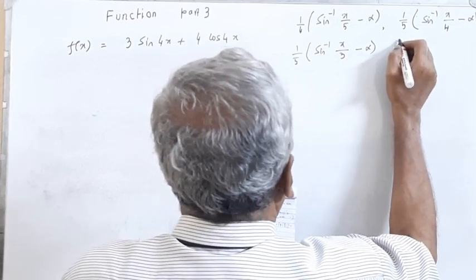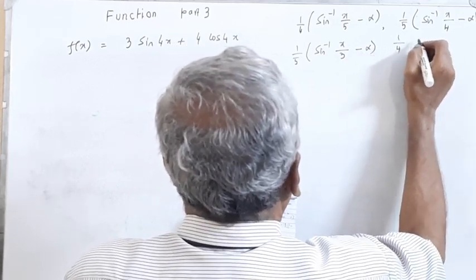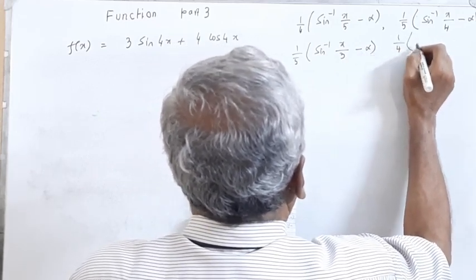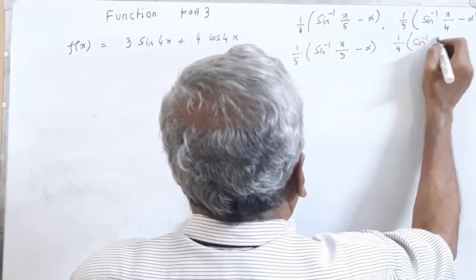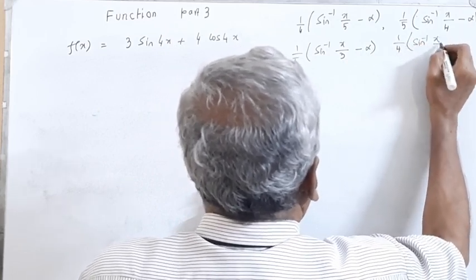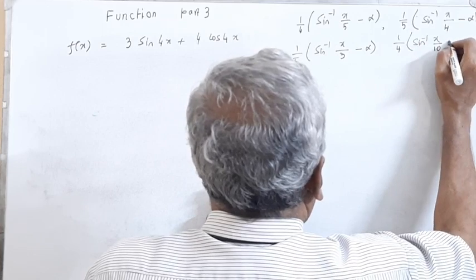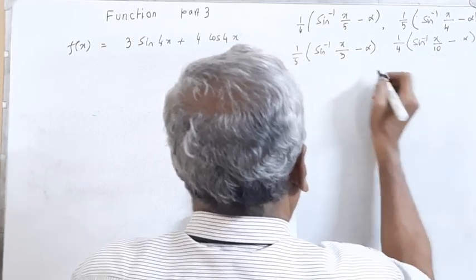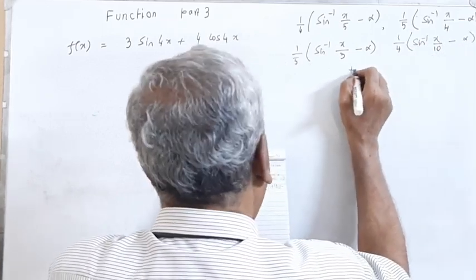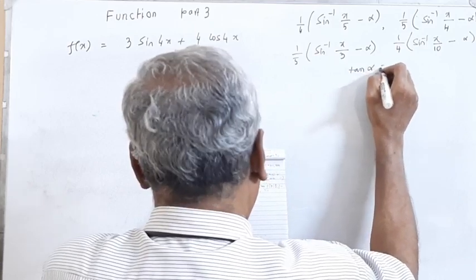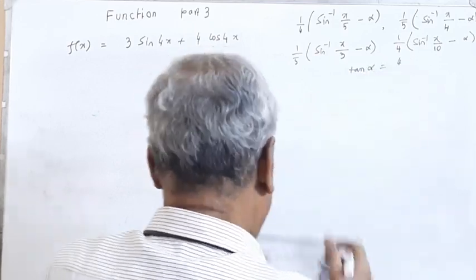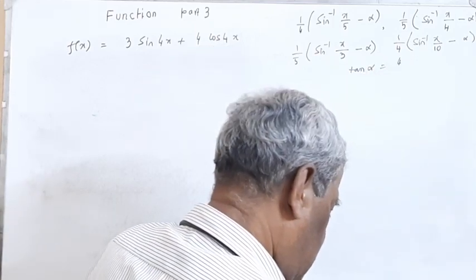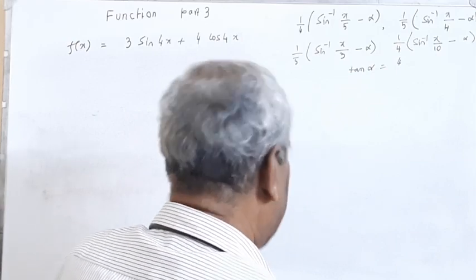And the last one is 1 by 4 sin inverse (x by 10) minus alpha, where tan alpha is equal to 4 by 3.